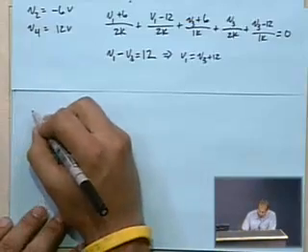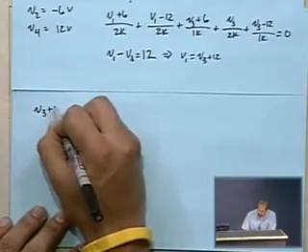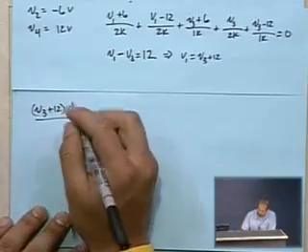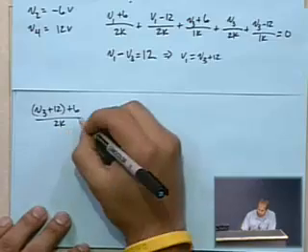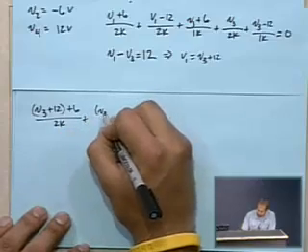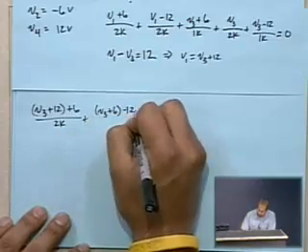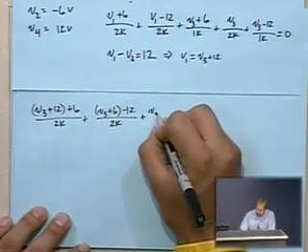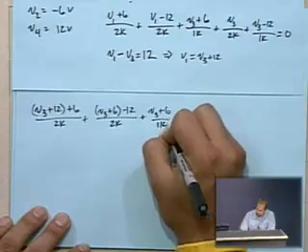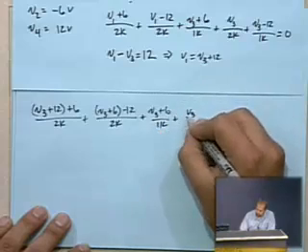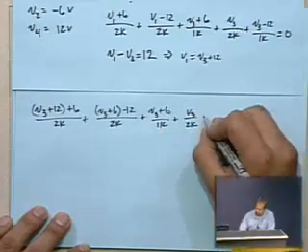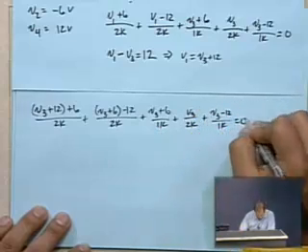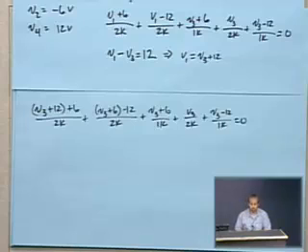So we've got V3 plus 12 plus 6 over 2K, and V3 plus 6 minus 12 over 2K, plus V3 plus 6 over 1K, plus V3 over 2K, plus V3 minus 12 over 1K equals 0. Now we've got one equation, one unknown.